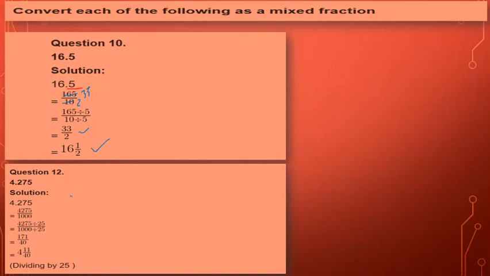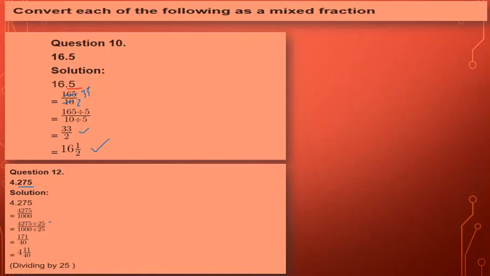Now see question number 12, 4.275. So let's see that question. 4.275, how many decimal places are there in this question? There are 3 decimal places. So how do we convert into fraction form?